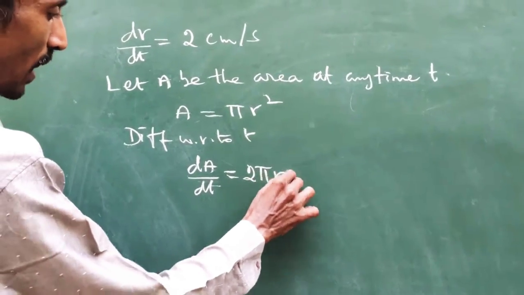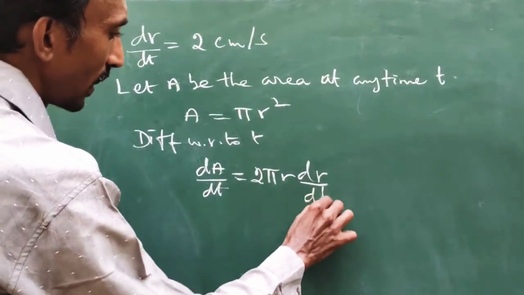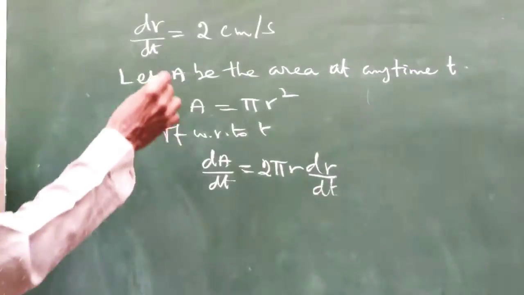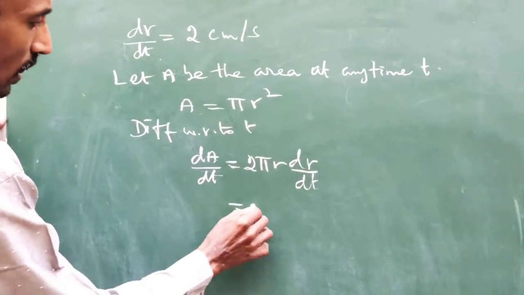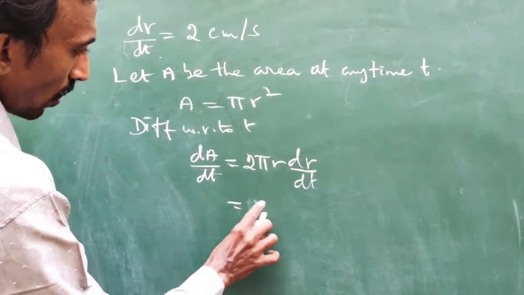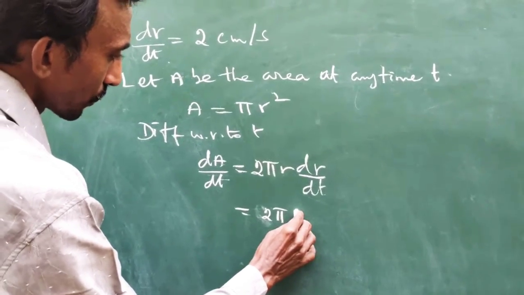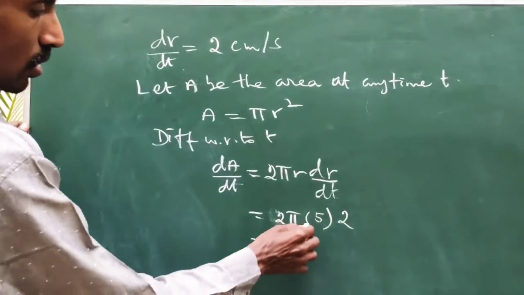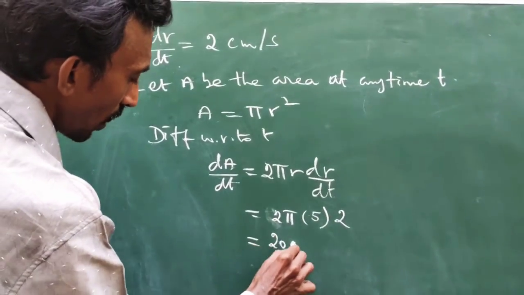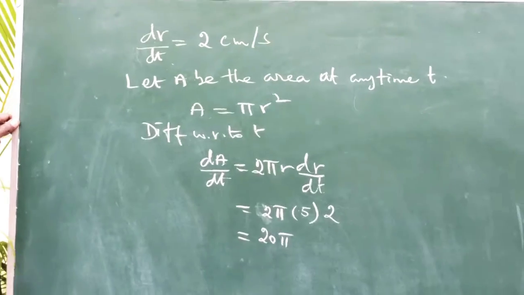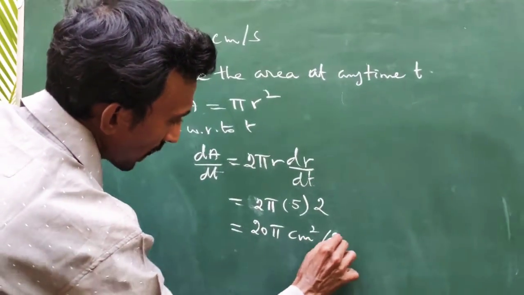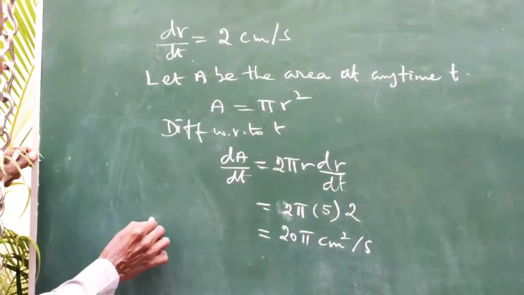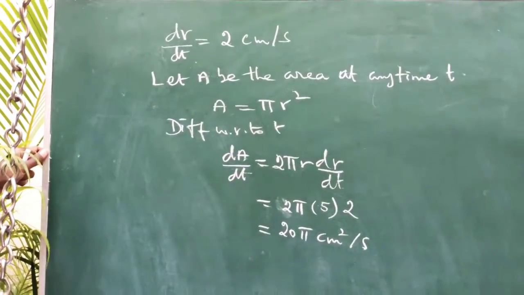So 2 pi r into dr by dt. Here r is given as 5 and dr by dt is given as 2. Putting it in, 2 pi into 5 into 2, so totally 20 pi. Here the unit is centimeters square per second. It is the rate of change of area, dA by dt.